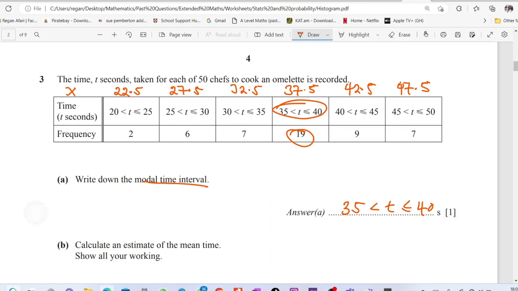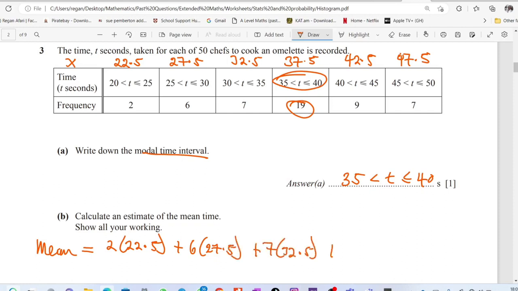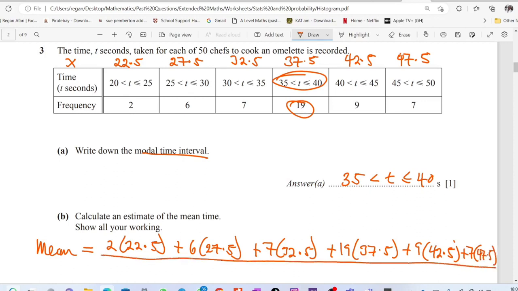Okay, the next thing is we want to write mean is equal to, we have 2 into 22.5, plus 6 into 27.5, plus 7 into 32.5, 19 into 37.5, 9 into 42.5, and then 7 into 47.5, all over the total, which is 50.